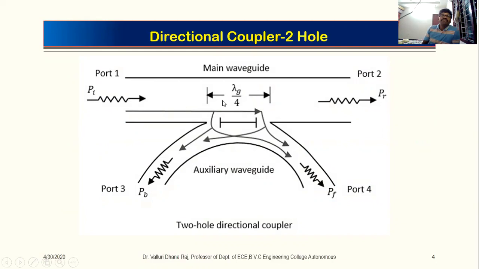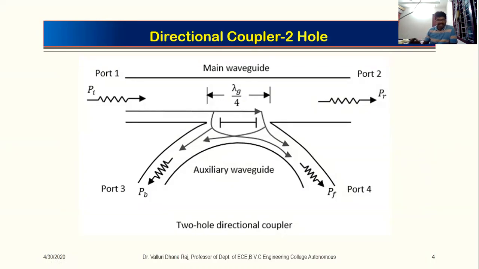So this is the incident power, and this is the reflected or received power, and part of the incident power is coupled to port 3 and port 4 through hole A and hole B. And just now what we have discussed is the coupled power in the secondary waveguide will be observed across PF, that is the forward power.